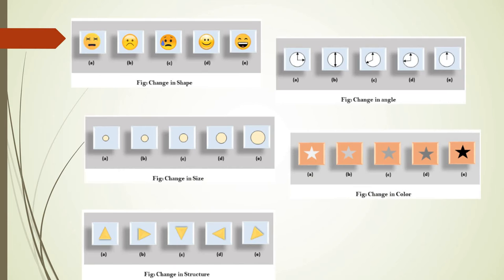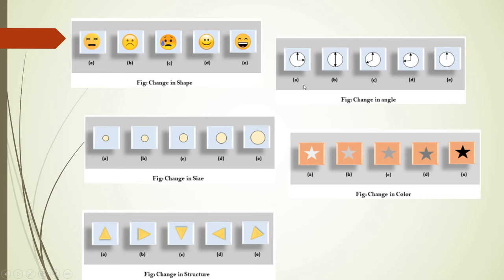Now we will see what kind of changes we are going to have. If you have a change in shape like this, shown in figure A, you have this sad face, the unhappy face, then the sorrow, then the smiley, and then the laughing face. If you can have this kind of sequence of images by pressing a key, then it can be termed as animation.